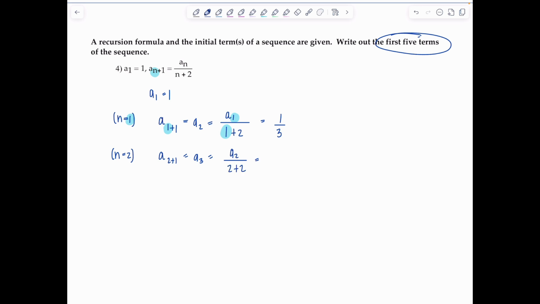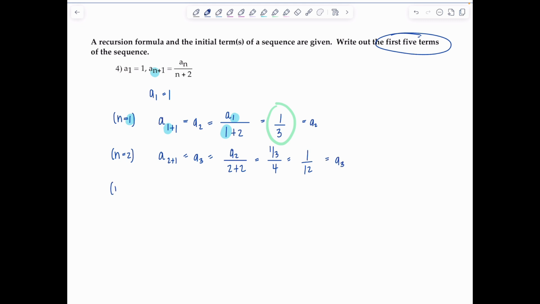Okay, well a sub 2, where's that? That's right here. This is a sub 2. So it's 1/3 divided by 4, which is 1/12.